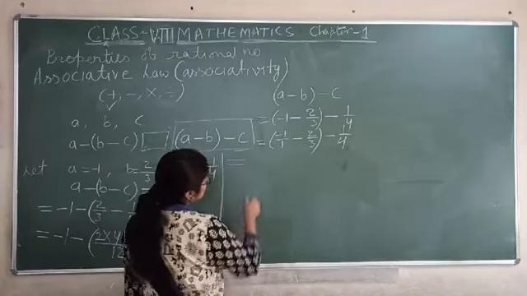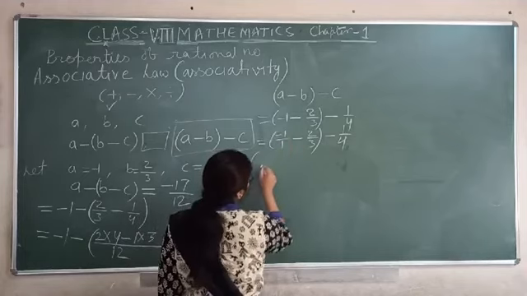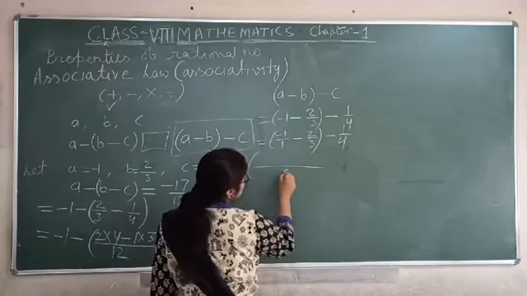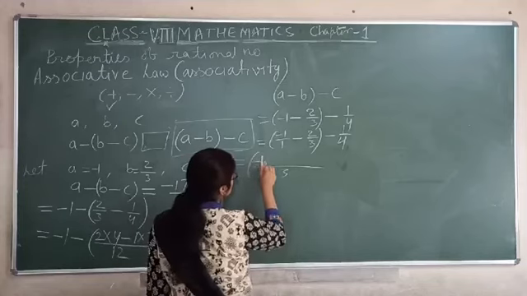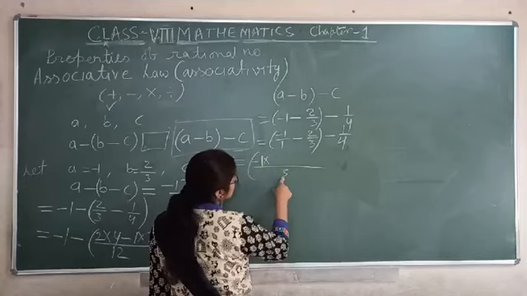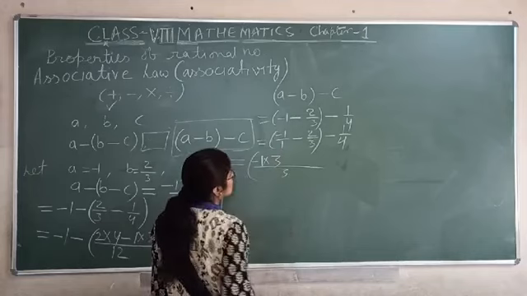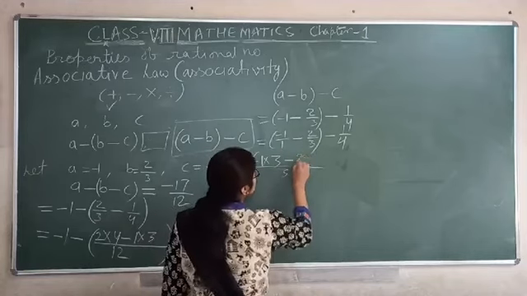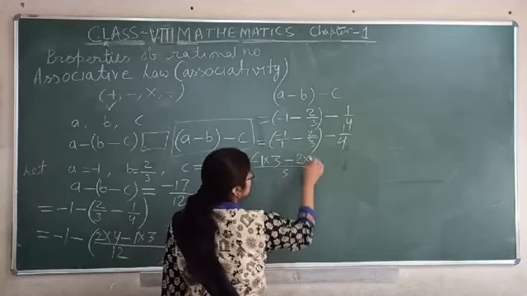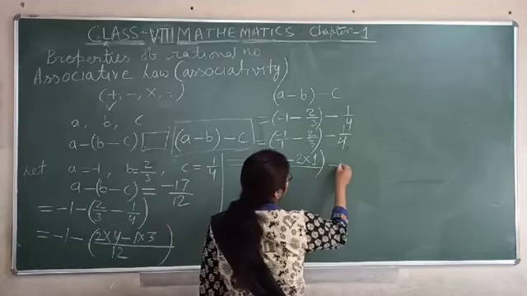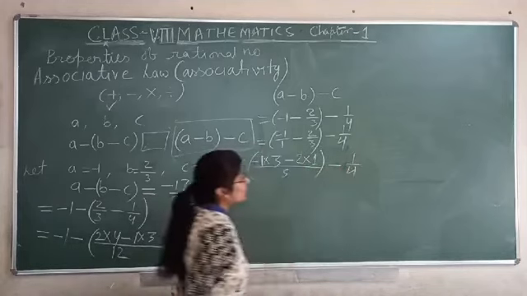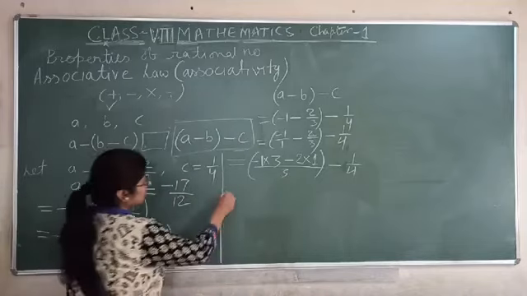First we solve this portion. 1 and 3, LCM will be 3. Minus 1 into 3 divided by 1 gives 3, minus 2 into 3 divided by 3 gives 1, minus 1 upon 4.